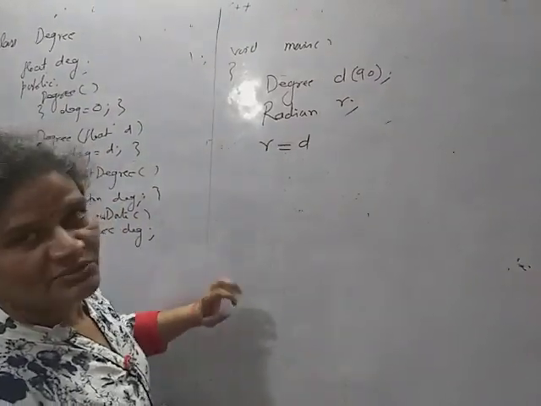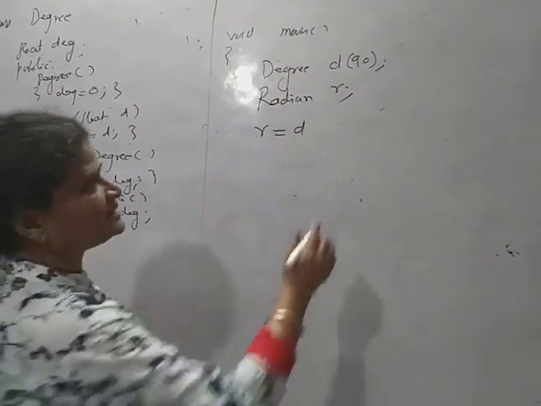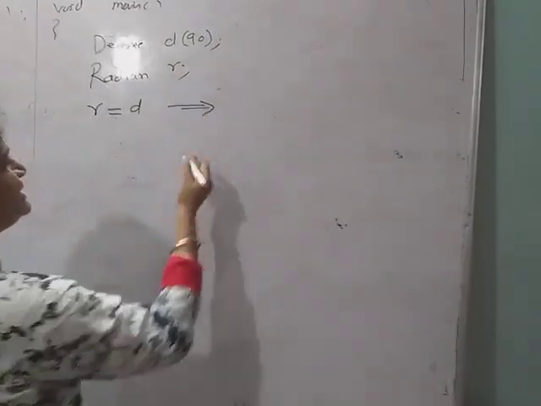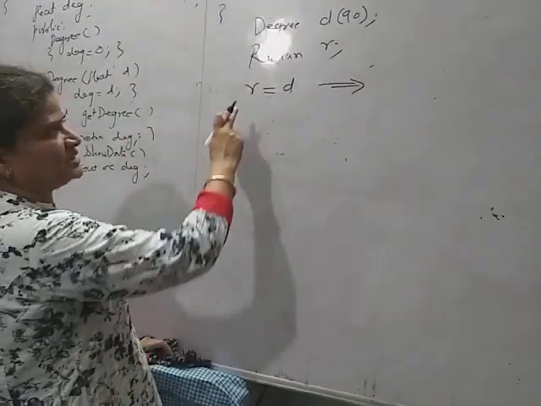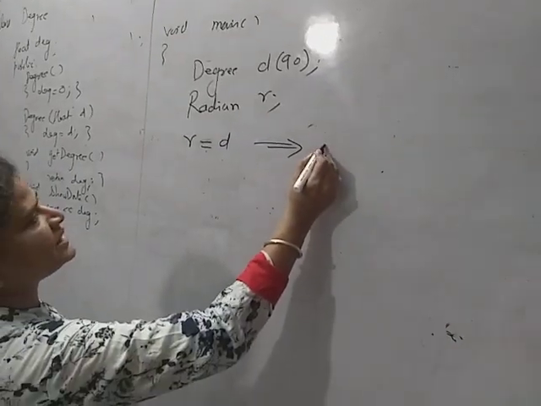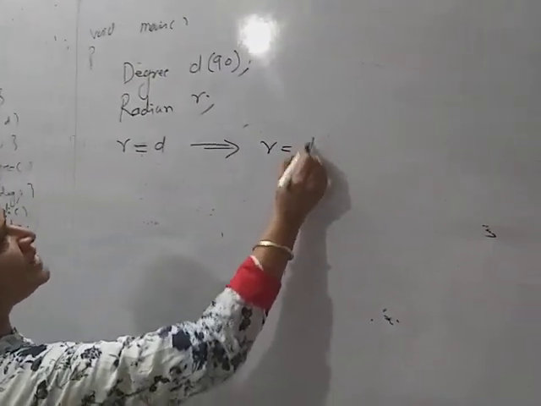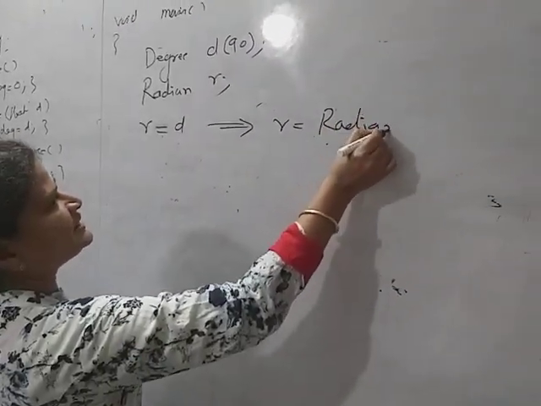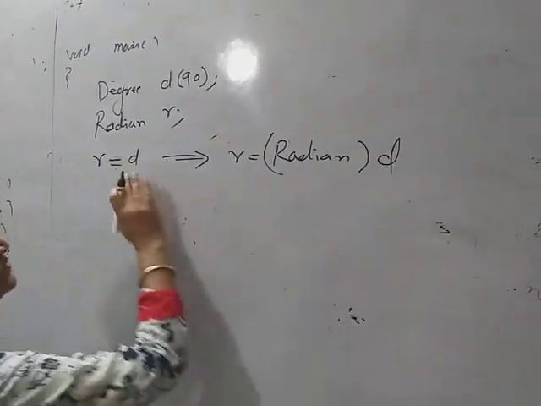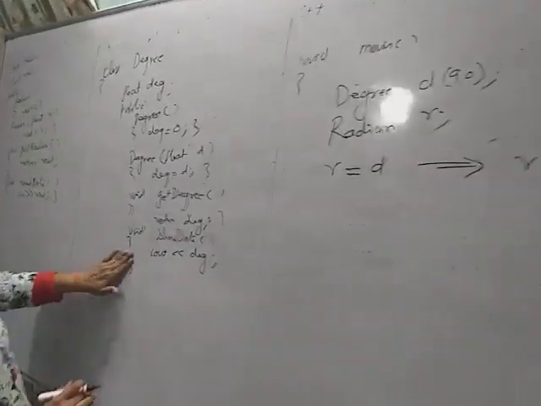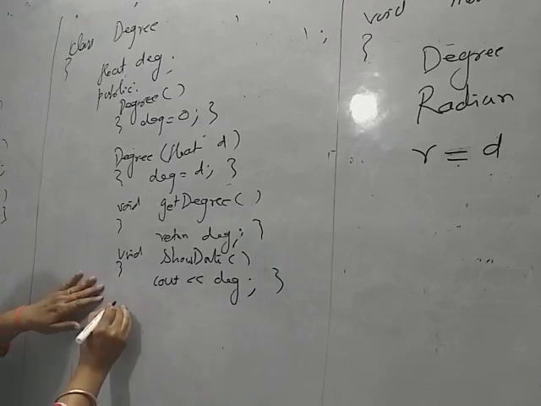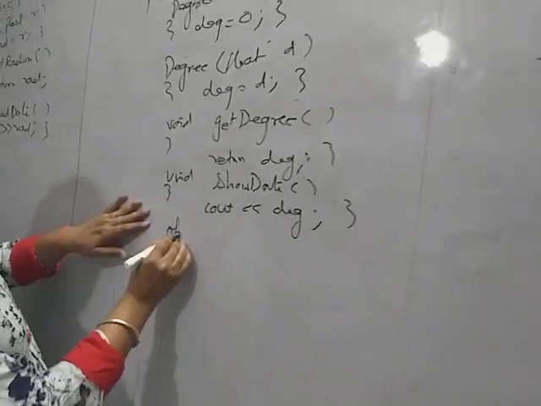So here I am writing the conversion routine. If I write the operator conversion routine in the degree class, then R equal to D is treated as R equal to radian typecasted. Okay, so in the degree class I will write the operator.